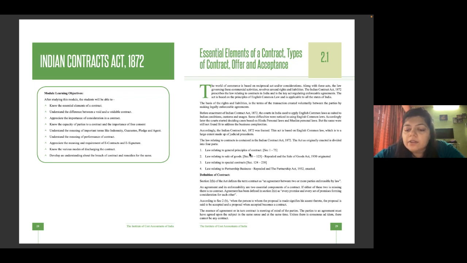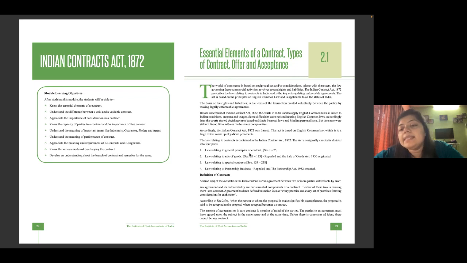The essence of this particular agreement begins with the meeting of minds, which we also call consensus ad idem. Whenever there is a particular contract, the fact that an agreement precedes a contract in all meaning and purpose, the idea is that when I make an offer, I make it thinking of a certain object in mind. You will accept the corresponding offer thinking of the same thing in mind.